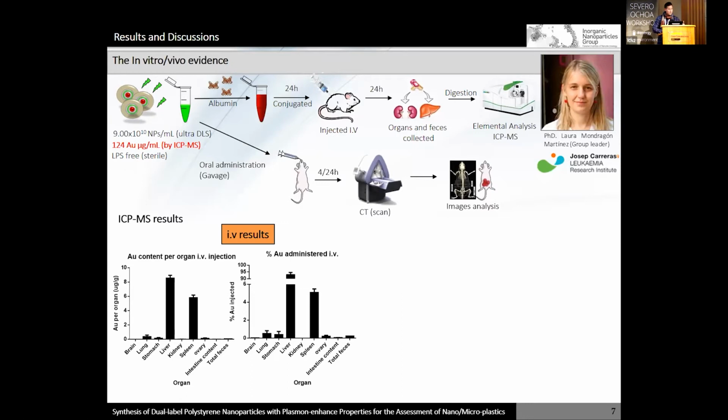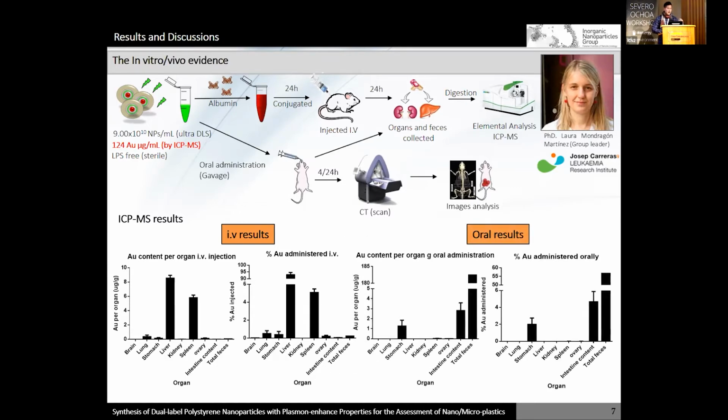And to further combine another interesting technique, we did an oral administration by gavage, for around 4 and 24 hours, to do the X-ray imaging. And we also did elemental analysis to correlate results.